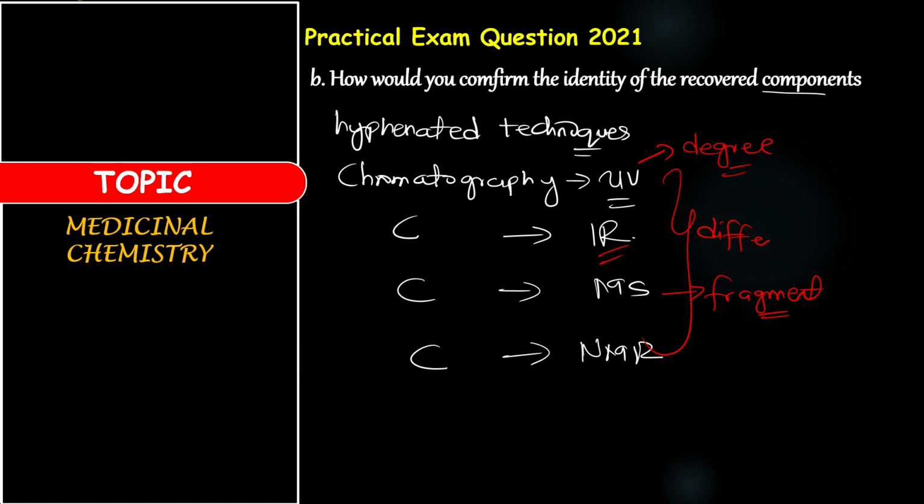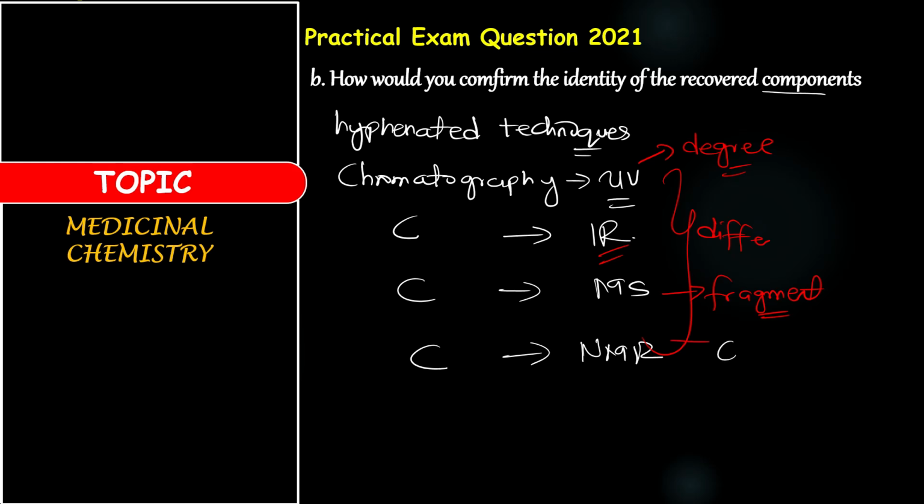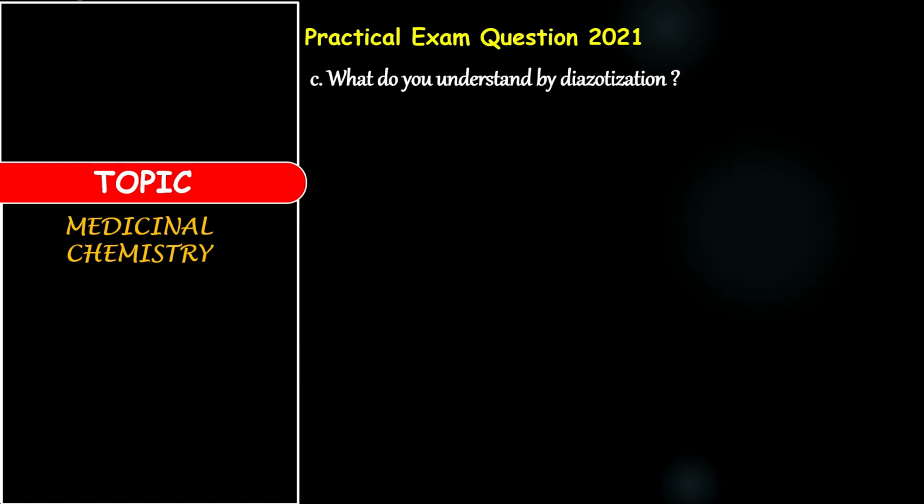And NMR will tell us about the environment of the proton, which is proton NMR, HNMR, and they will also tell us the nature of carbon present, which is also called carbon NMR or carbon-13 NMR. So all these methods can be used to confirm the identity of the recovered product.